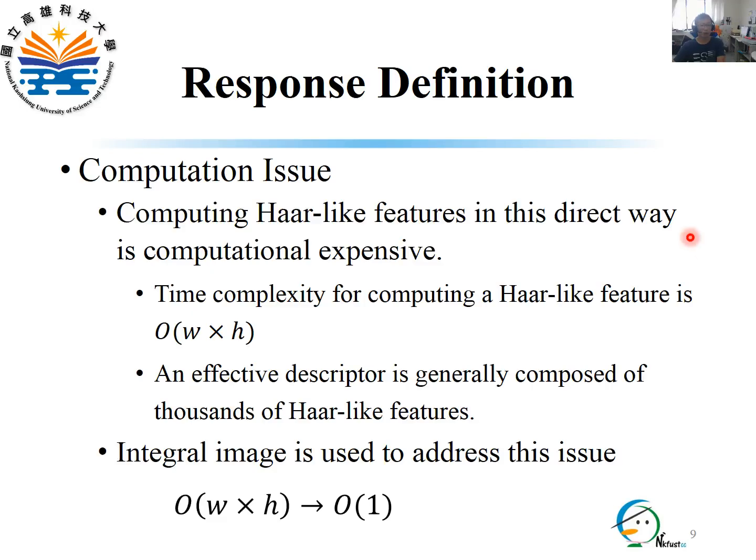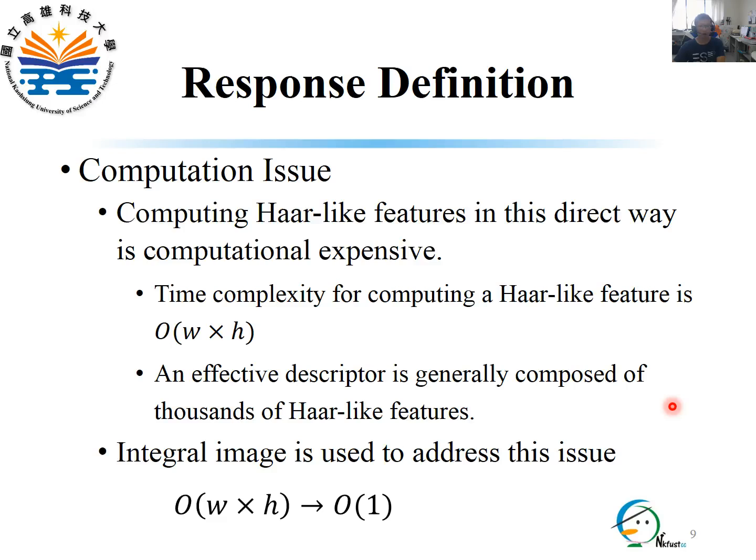However, computing Haar-like features in this direct way is computationally expensive. This is because the time complexity of computing a Haar-like feature is order W times H, and an effective descriptor is generally composed of thousands of Haar-like features.